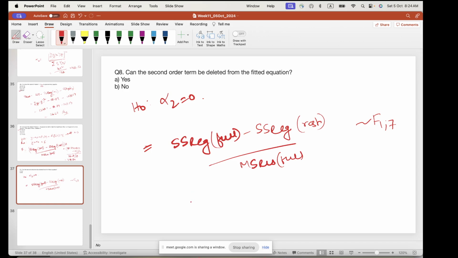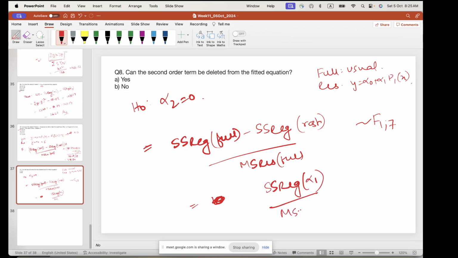So the full model is the usual one, and restricted is y equal to alpha naught plus alpha 1 p1 x.